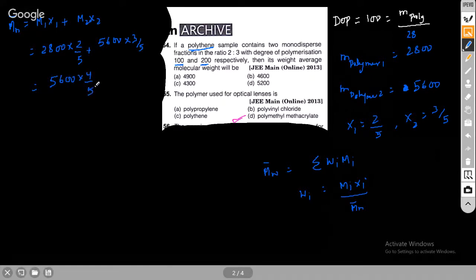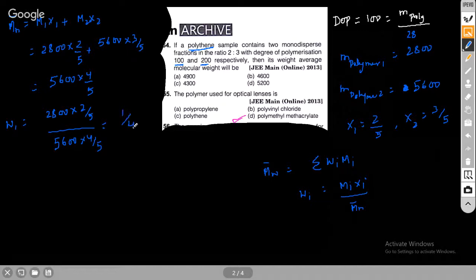I'm not calculating this now; later on, we'll calculate. M_N average is this. Now we have to calculate W_i. What is W1? It would be M1X1, which is 2800 into 2 by 5, divided by M_N bar, which is 5600 into 4 by 5. When you solve this, you'll get 1 by 4.